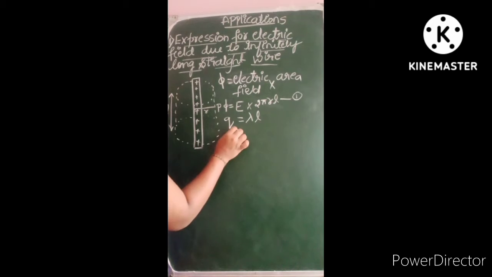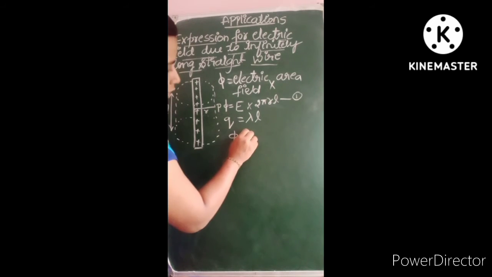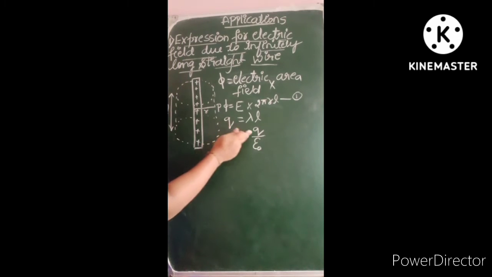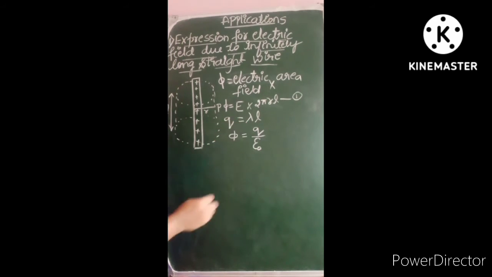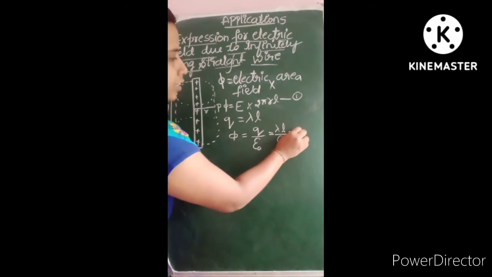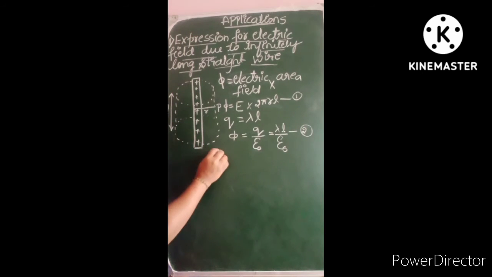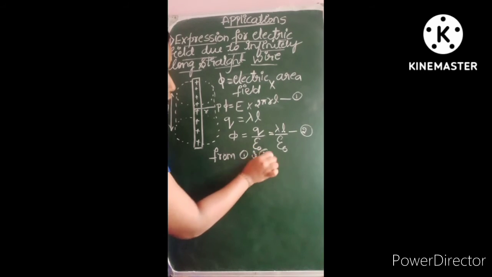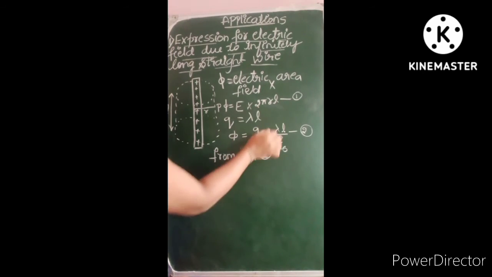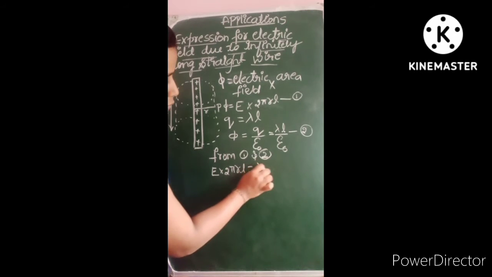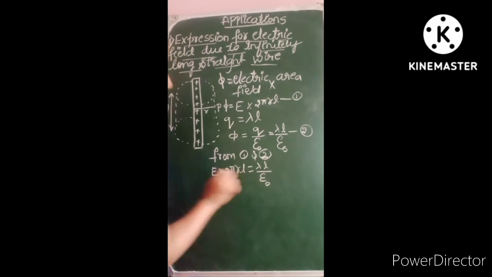We already studied the Gauss law, that is phi is equal to Q by epsilon naught. In place of Q, substitute the value of Q as lambda L. You will get lambda L divided by epsilon naught. Take this as equation number 2. From equation 1 and 2, we can write E into 2 pi r L is equal to lambda L divided by epsilon naught.